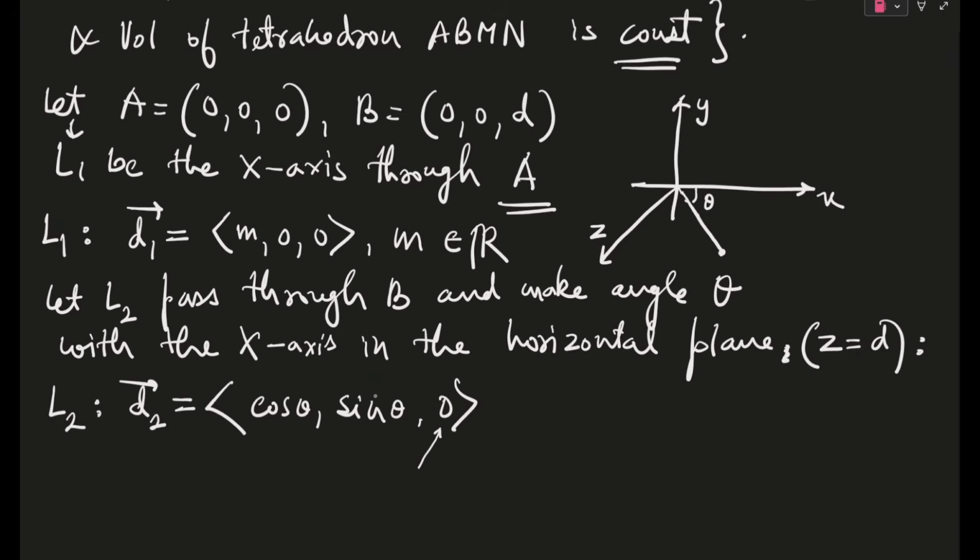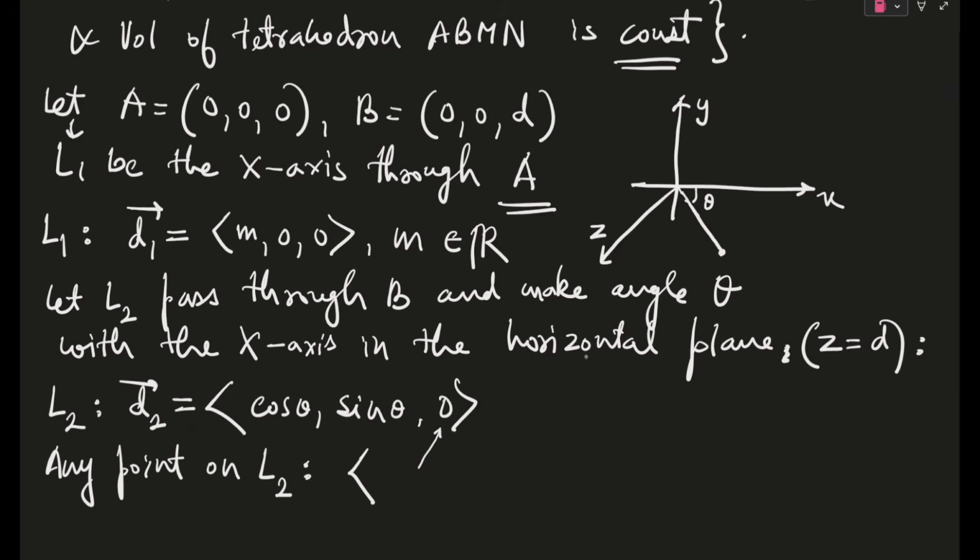Now if we want to take any point on L2, the most basic form that we can imagine is a constant multiplied by the direction vector.